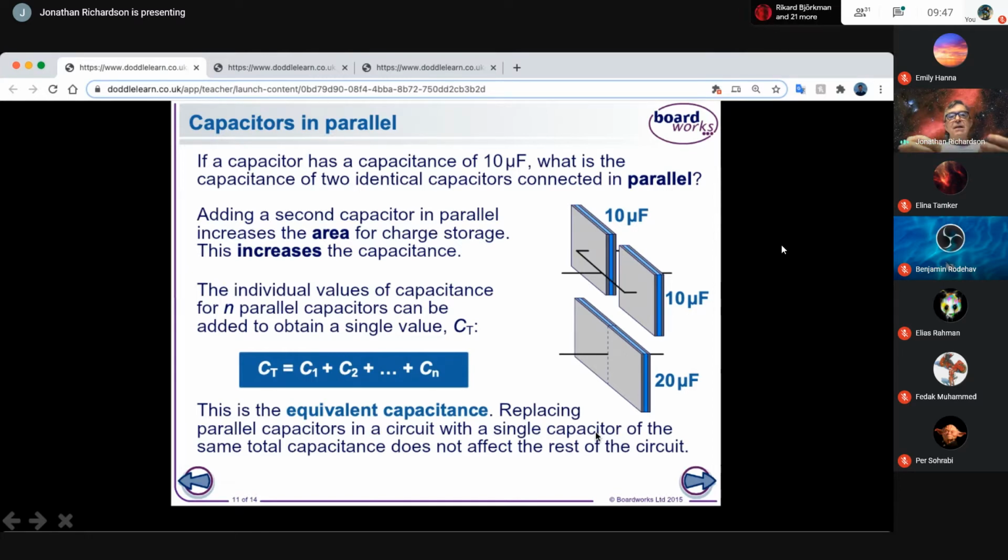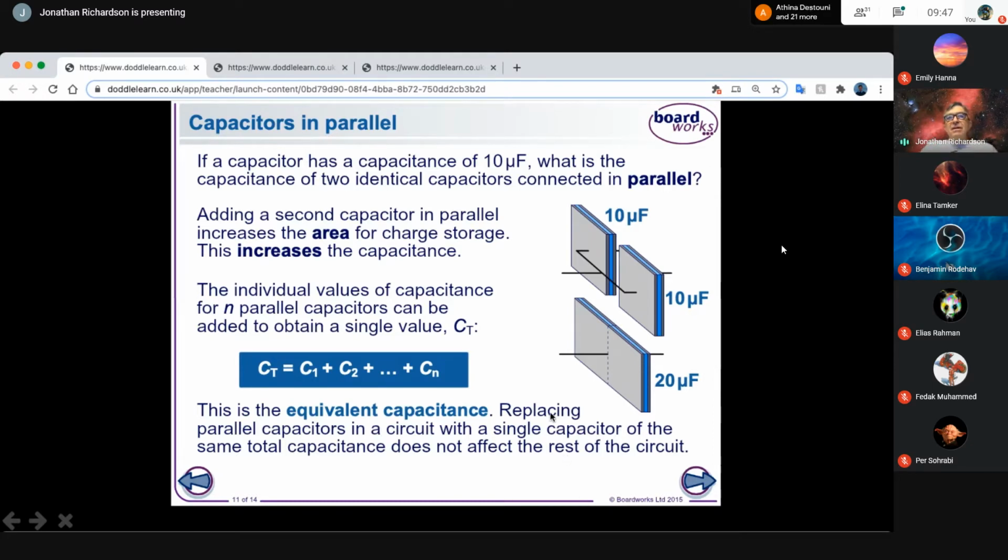So I have now, for whatever reason, 3 different capacitors joined together. I could replace them with that one capacitor, which has 150 microfarads capacitance. And that is a reason that we can do this. We can add capacitors together.